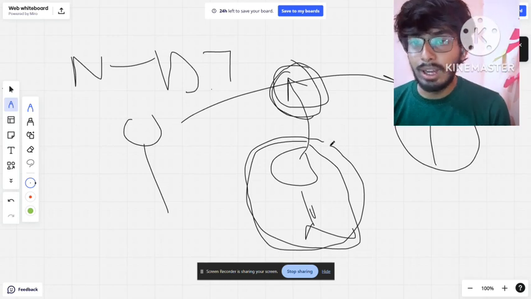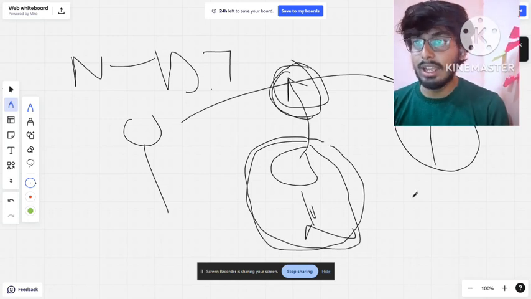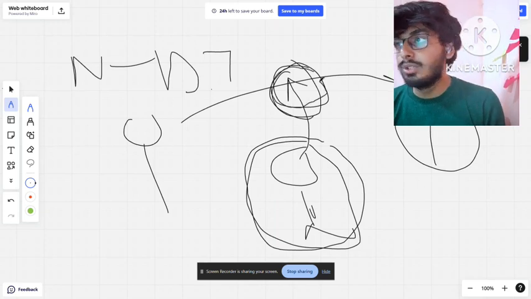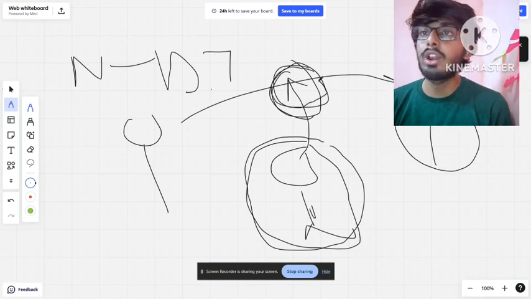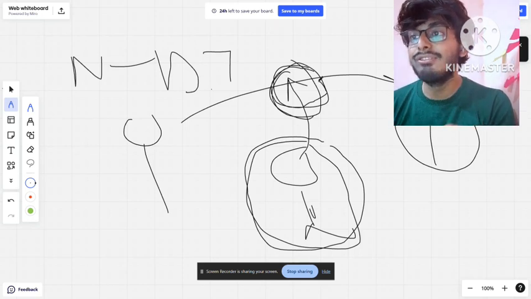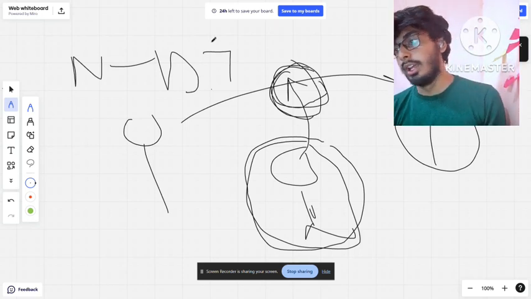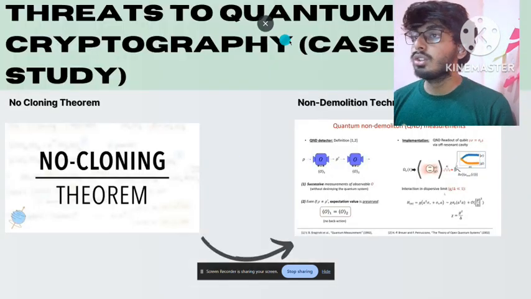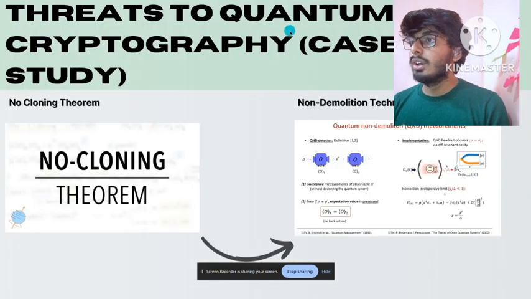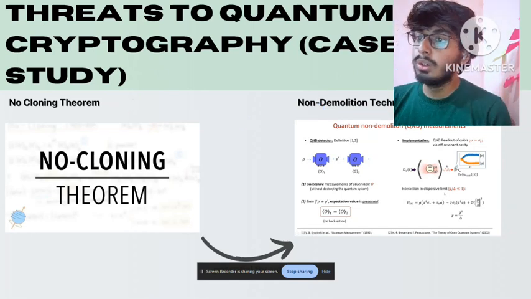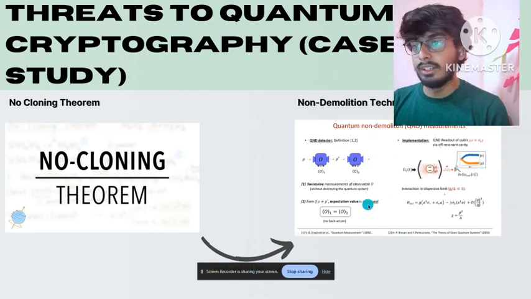This is not very advanced right now, but if there are any discoveries in this topic, it can be a possible threat to quantum cryptography, because we are accessing the data without destroying the state of the photon. So this was the case study on threats to quantum cryptography, in which we studied the no cloning theorem and the non-demolition technique. Thank you.